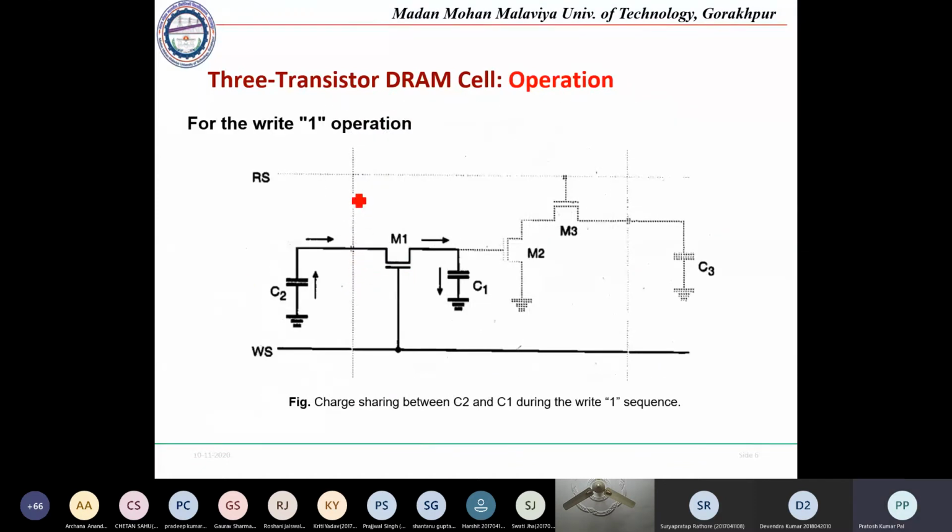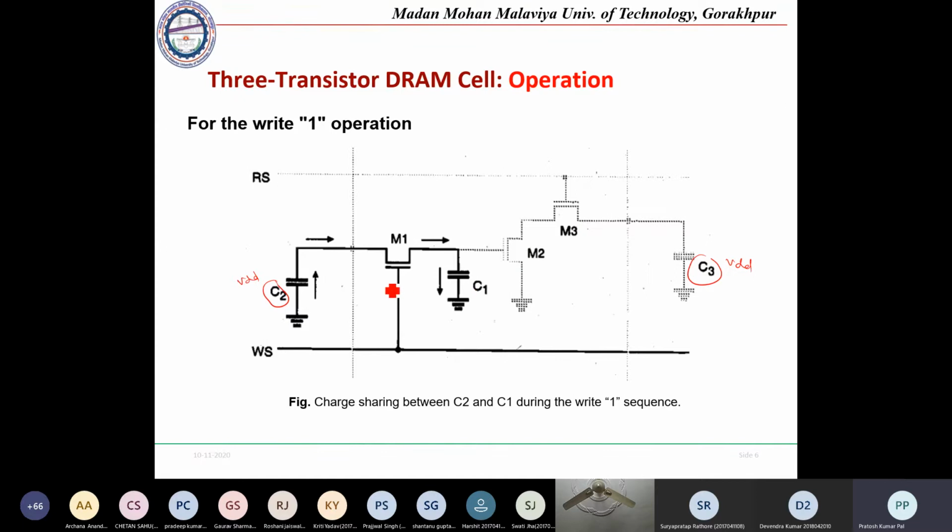Once the precharge is done, the capacitors C2 and C3 both will be charged to VDD. Then if we are going to write the data 1, M1 will be activated and M2 will be off, because initially C1 is equal to 0 and M3 will be off.